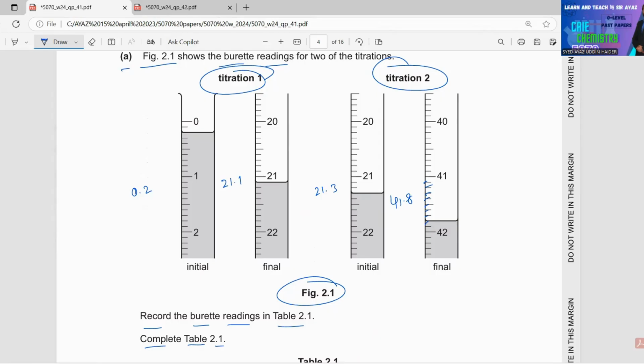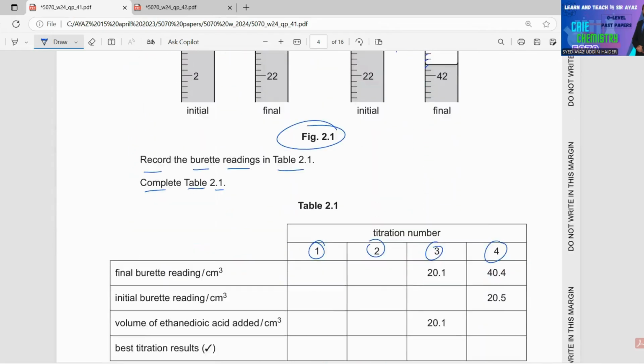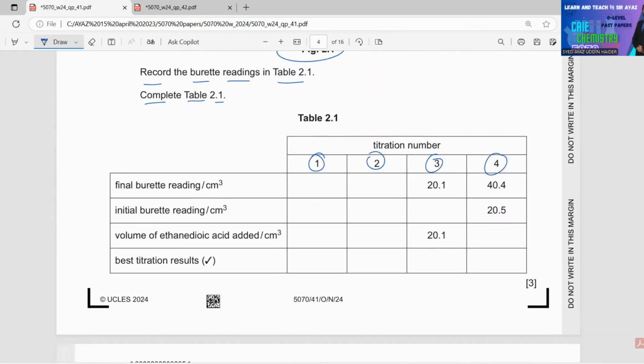Now I'm going to write it down in the table. So final burette reading for titration number 1, 21.1. Initial burette reading 0.2. For titration number 2, final burette reading 41.8, and initial burette reading 21.3.